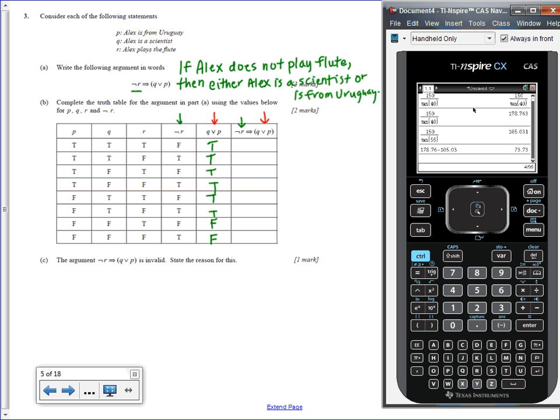And if you don't remember this, there's a general guideline to it in your formula booklet that you can always consult. So here we have a false followed by a true. That would be true. True, true is true. False, true is true. Remember, if it starts with a false, it's automatically true for an if-then statement. So we've got true, we've got true, we've got true, we've got true, even though that one was false, false, right? If it starts with a false, then it's a true if-then statement. And only one that gets to be false here is the final column, where it's a true followed by a false.